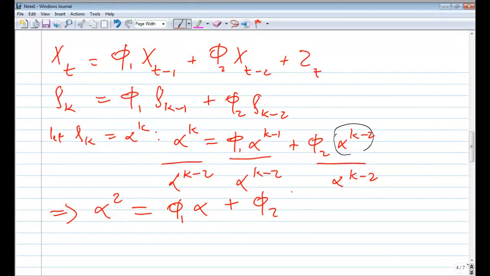Then you take everything to the left hand side and equate it to 0, to find the factors or the roots. So then you have alpha squared minus phi 1 alpha minus phi 2 equal to 0. So now we just want to calculate the factors or the roots.